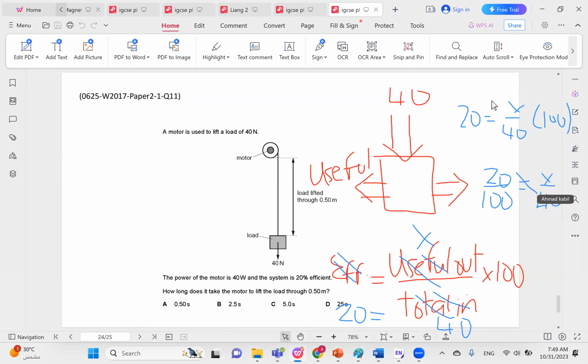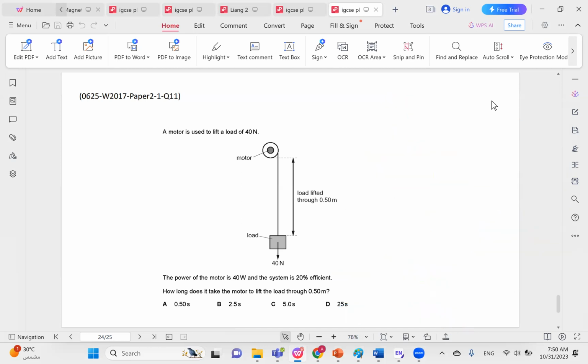And then we cross multiply. So 100X equals 20 times 40, which is 800. So X is equal to 8. What is X? X is the useful output. So this is the actual power that is used in the system. So we just figured out that the power here is equal to 8.